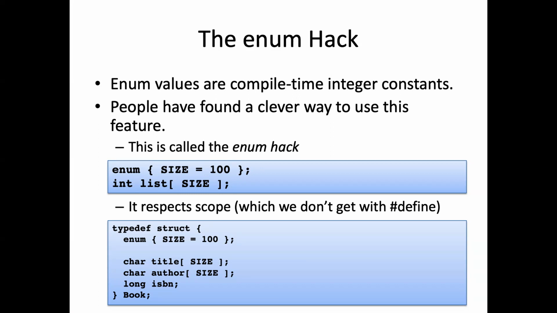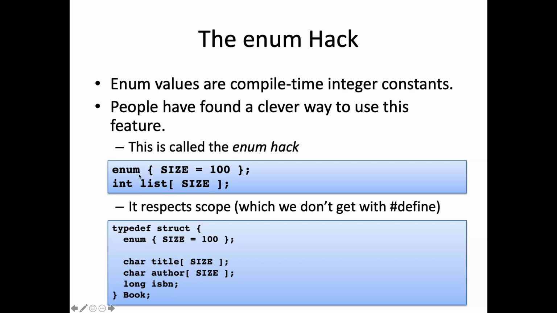That means you can use them in any place where a compile time constant is required. Here, this is just showing you could use them for things other than representing an enumerated type. And that's what I'm showing here. I'm going to make a list. For size, instead of using the preprocessor, I just made up an enumeration.